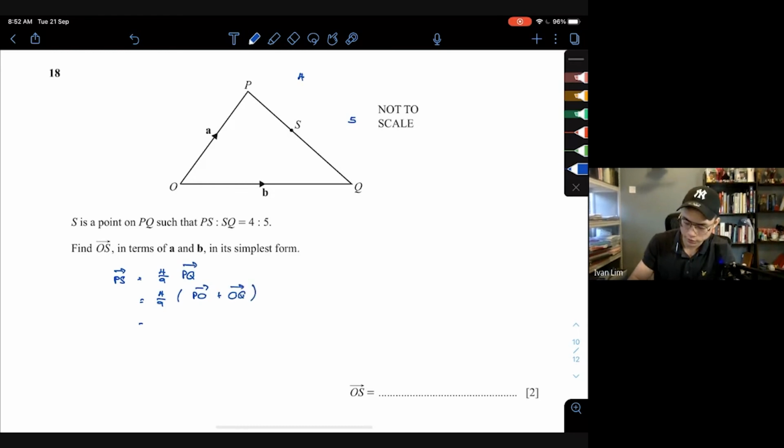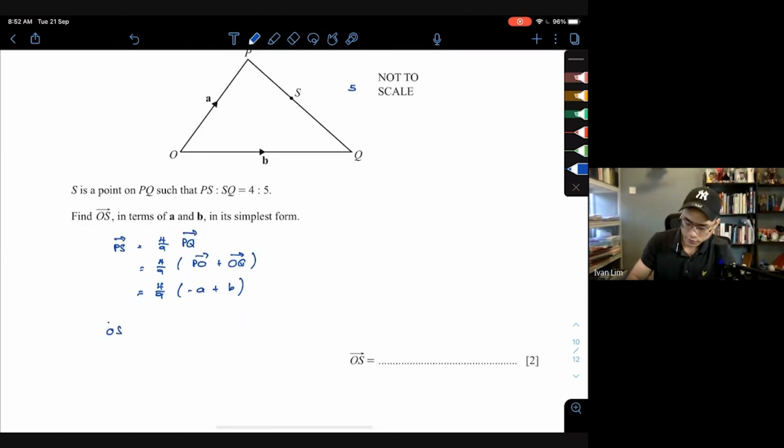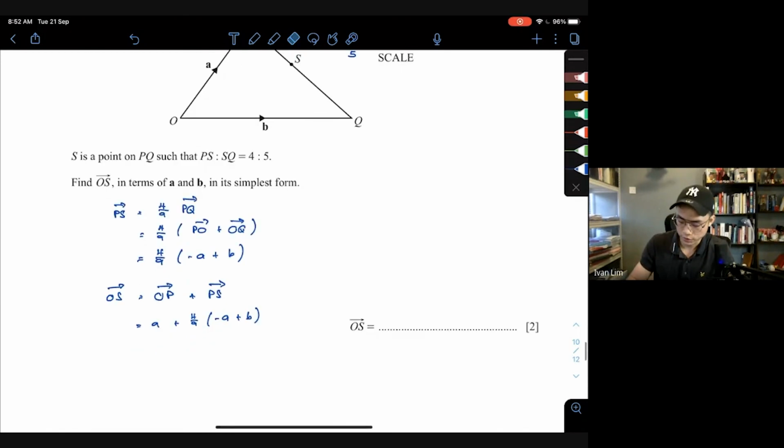I just write this so that you all understand. 4 over 9 of negative A plus B. So OS, where we want to go just now, is OP plus PS, which will give you A plus 4 over 9 of negative A plus B, and you would get 5 over 9A plus 4 over 9B. This will be your final answer.